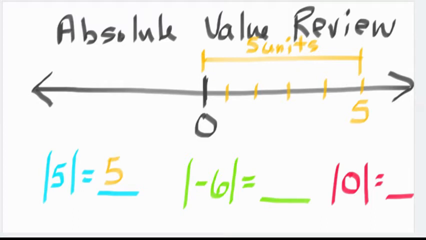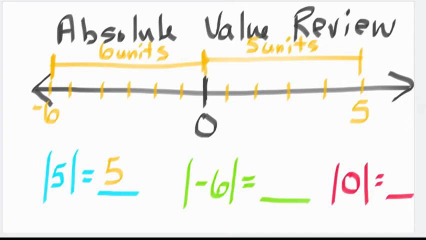It's 5. Same kind of question, but for -6. We go to the left 6 for -6. But how far is that from 0? It is +6 units. We never give a negative answer to this.